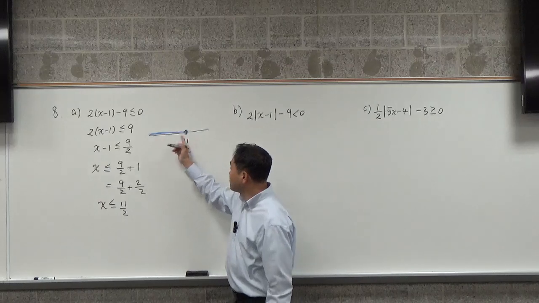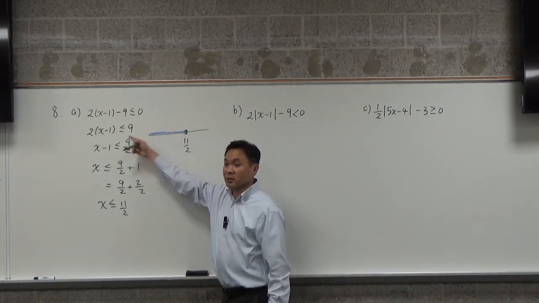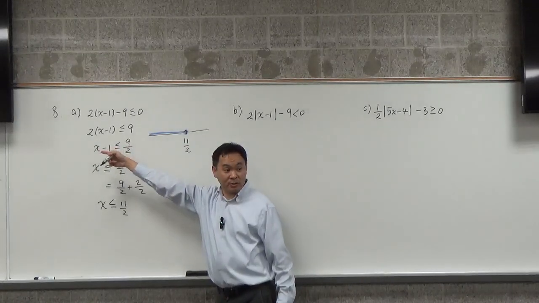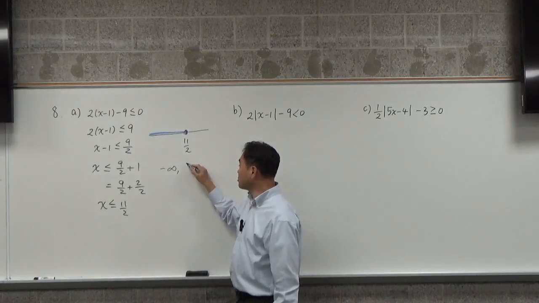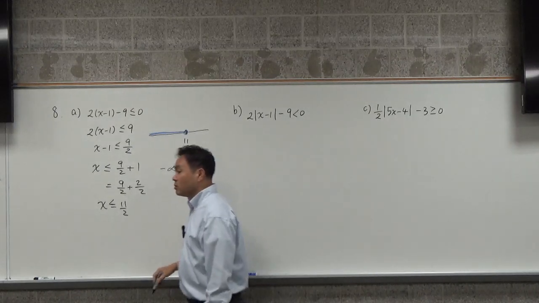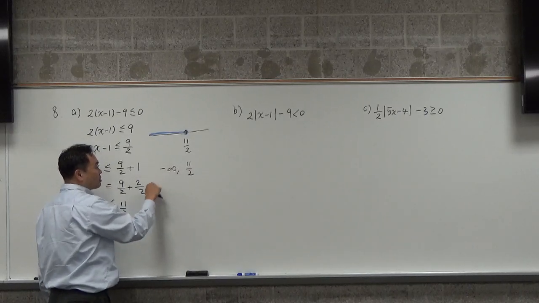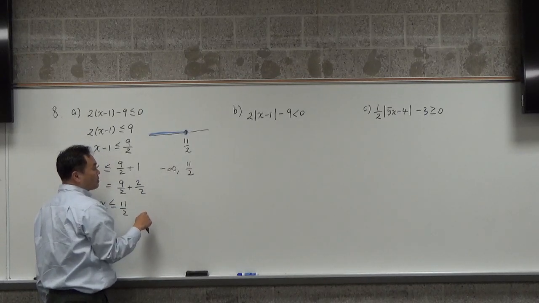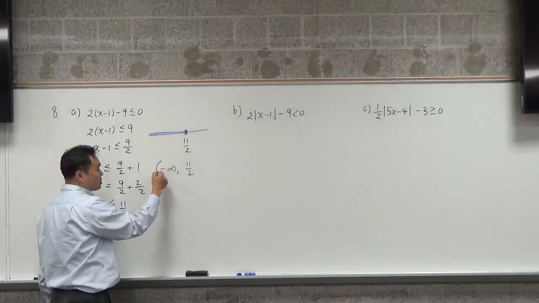And how do you express this in interval notation? Where does this interval begin? Negative infinity, right? It starts at negative infinity, and it stops at 11 over 2. You still have to figure out if this is a round one or a square one. For negative infinity or infinity, it's always the round one.